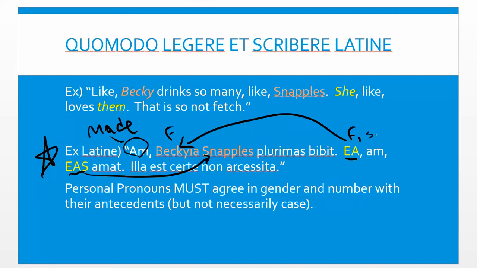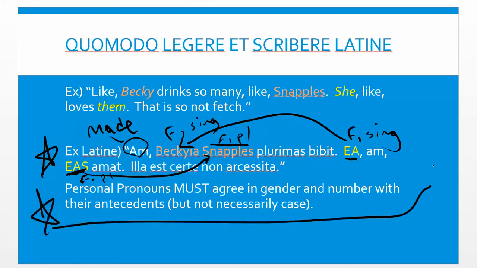Ea is singular, because Becky is singular, unless she has multiple personality disorder. Well, technically she's still singular, I guess. Snapples is feminine, and Snapples is plural. So eas is as well. So personal pronouns must agree in gender and number with antecedents, but not necessarily case.